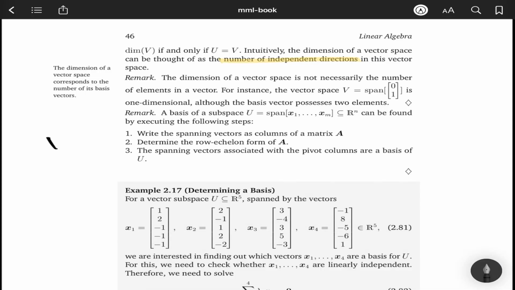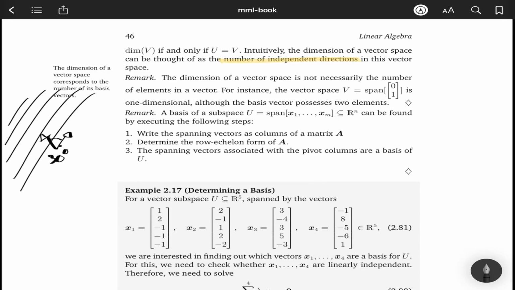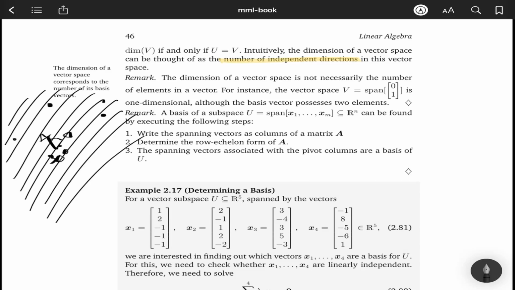Okay, so what they mean here is, let's say you have two vectors, one here and one here. Now you can ask yourself, what vectors could you construct by scaling those? Even though this is not a right angle, let's say it's 30 degrees, you could still construct basically a whole plane. So you can reach every point in this plane, right?